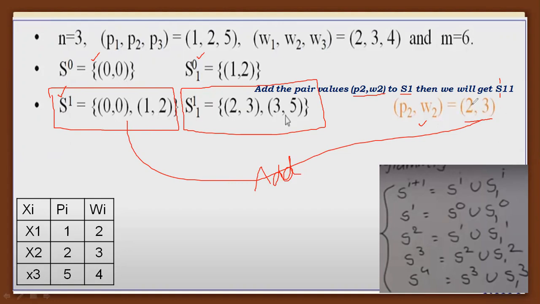Now apply 2 plus 0, you will get 2. 3 plus 0, you will get 3. 2 plus 1, you will get 3. 3 plus 2, you will get 5. So in this way, you can find the value of S^1_1. Okay, I hope you all understood the concept.